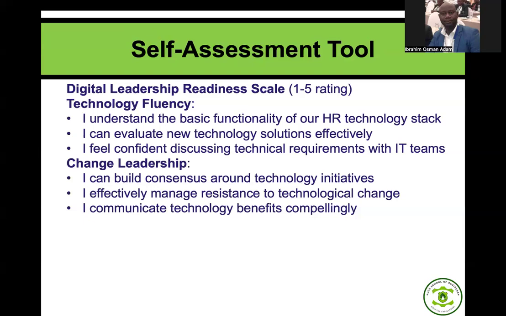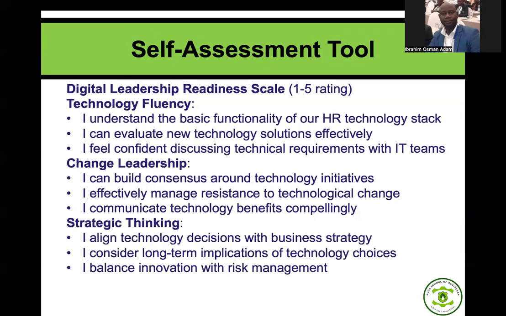And then also, so basically what this does is, it would have been good if we were to do this face-to-face. So you can do this maybe a bit later. Basically what this involves is that you read each statement about technology fluency, about change leadership, about strategic thinking, and then you score yourself where you think you are high or you are low. When you have done that, you should be able to identify your top development areas where you have scored the lowest and where you have scored the highest.